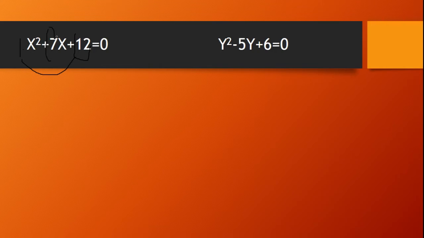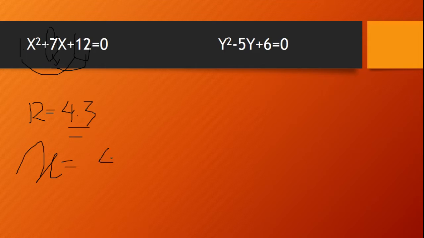If the multiplication is positive, then we have to make the middle term by adding, and if the multiplication is negative, then we have to make it by subtracting. So here it is 7, so the factors of 12 will be 4 and 3. 4 and 3 is 7, so the roots will be 4 and 3.